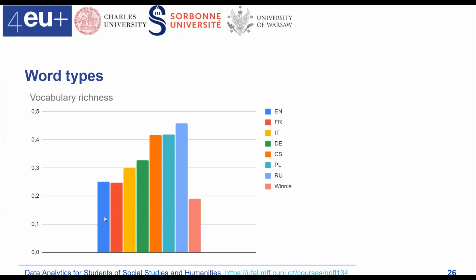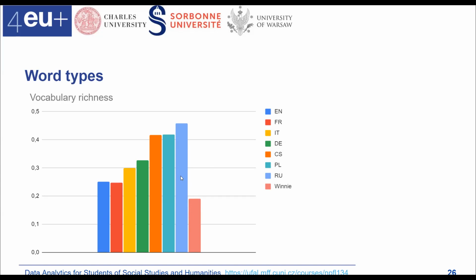But what you can see is the striking difference between the Slavonic languages, and especially the translation into Russian that was done automatically, which is in striking difference from the English and French official versions of the regulation.